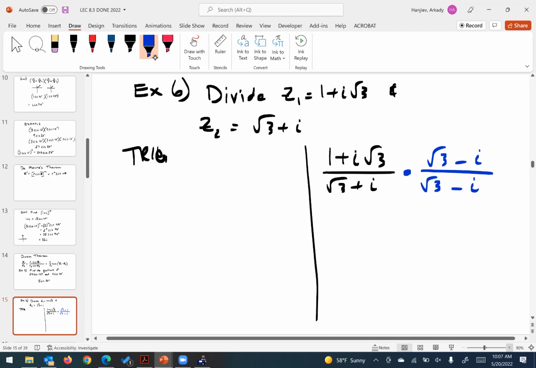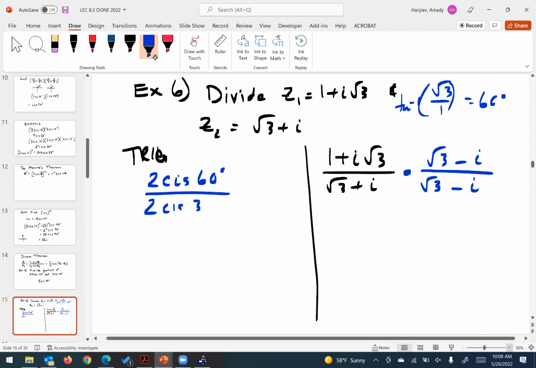Converting, it equals 2 CIS 60. How did you get it so fast? Just the tangent inverse of root 3 over 1 equals 60. And root 3 squared is 3, 1 squared is 1, 3 plus 1 is 4, and root 4 is 2. Is that the first one? Yeah. And for the second one, it's 1 over root 3, tangent inverse, it's going to be 30, and then the 2.